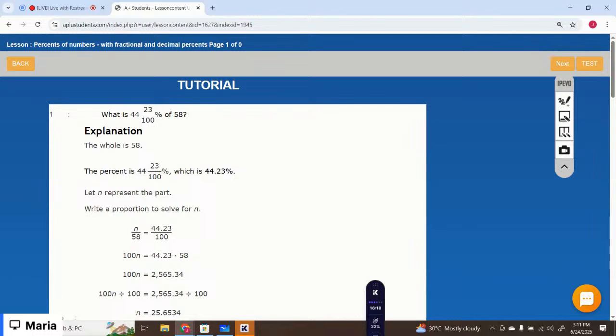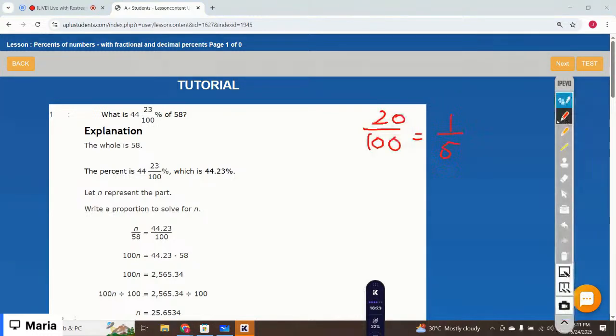So we need to calculate 44 and 23 by 100 percent of 58. Let's convert the fractional part into a decimal. 23 by 100 we can write as 44.23 because we have two zeros there, so the denominator should have two decimal places.